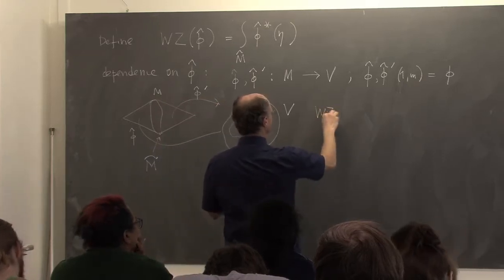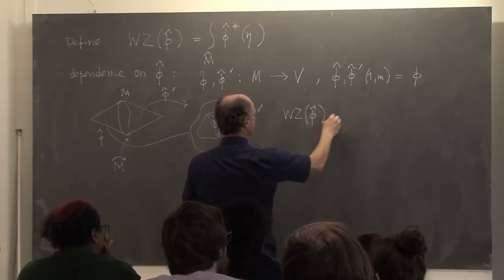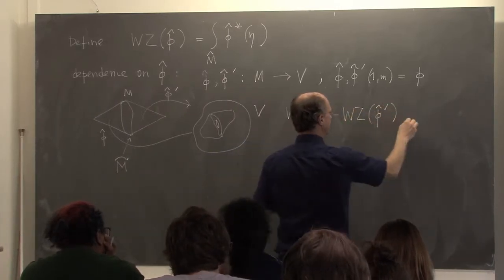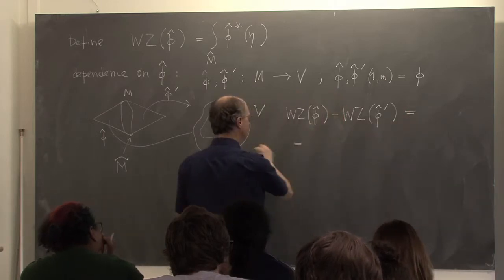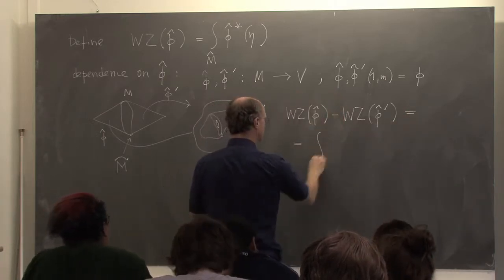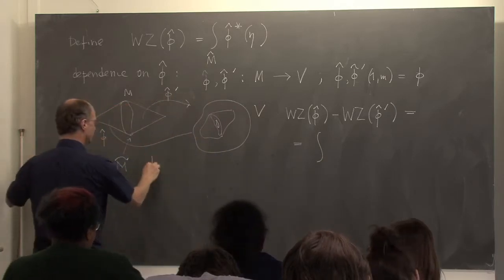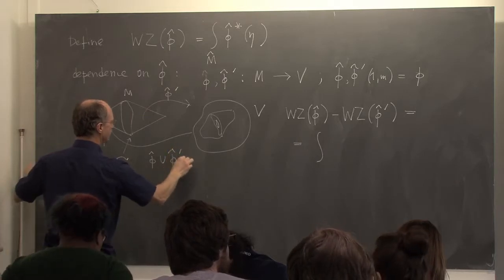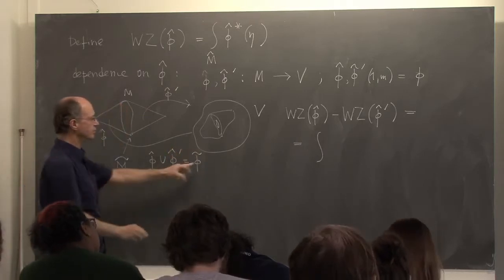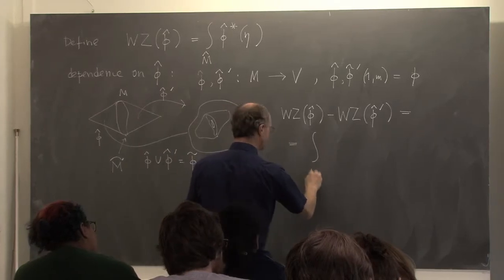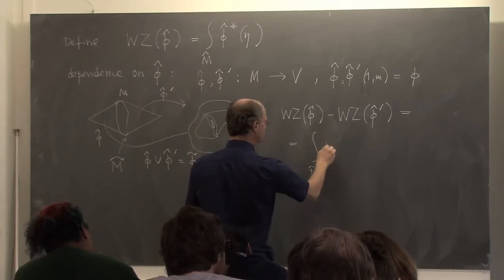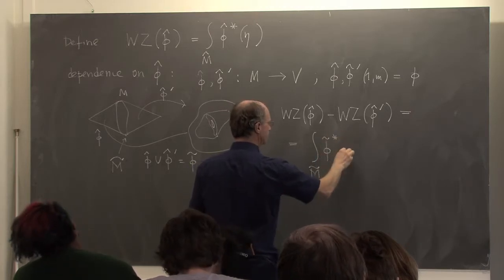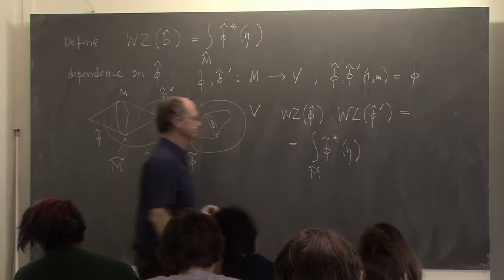So now Wess-Zumino of phi minus Wess-Zumino of phi prime will be equal to, so let me denote this phi hat union phi hat prime as a phi tilde map. So this is an integral over M tilde of phi tilde star of eta.